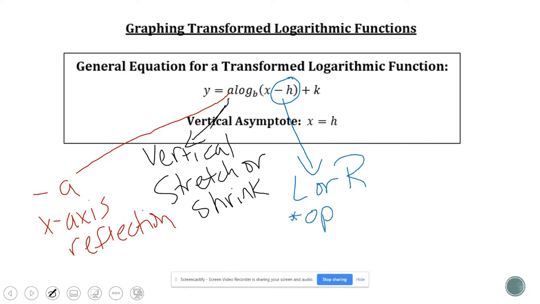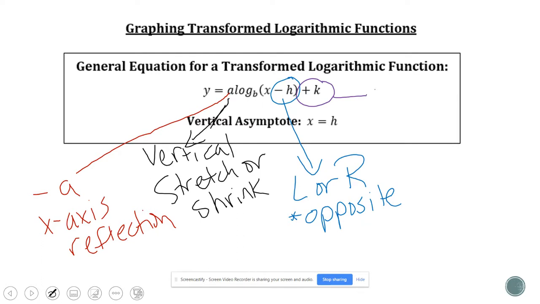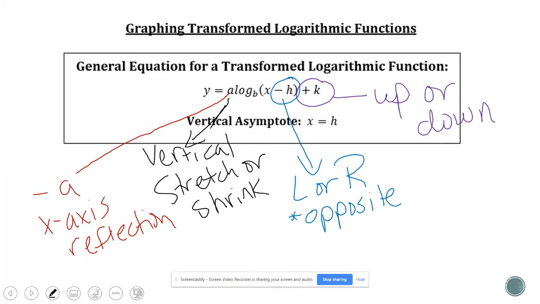And remember, it's going to be the opposite of what it says because x's are liars. And then at the end is up or down. Your asymptote is always going to be whatever your left or right transformation is. If you have no left or right transformation, then remember it always starts at x is equal to 0.